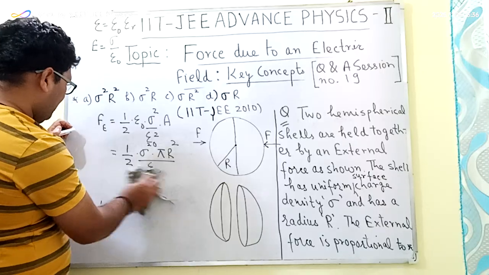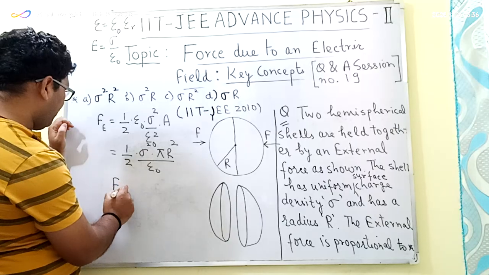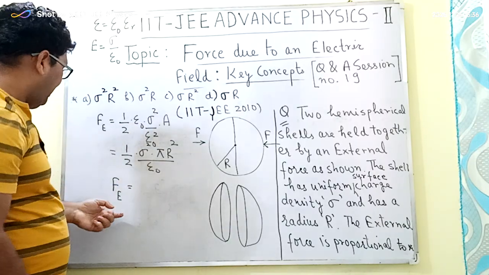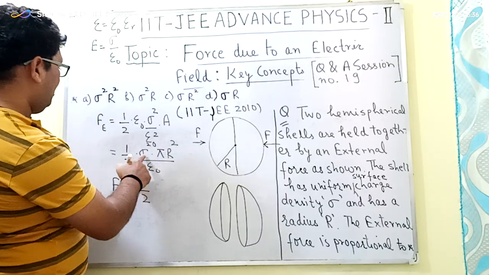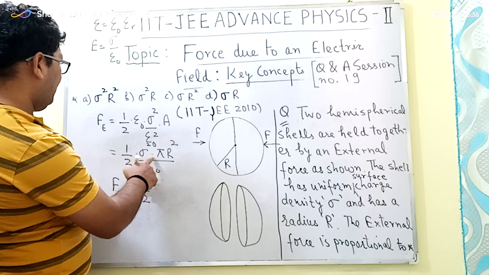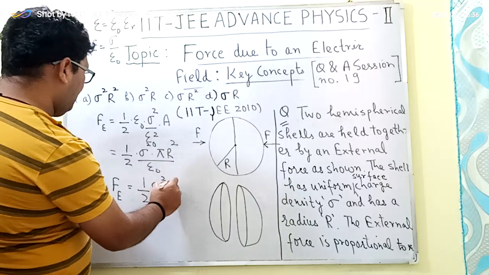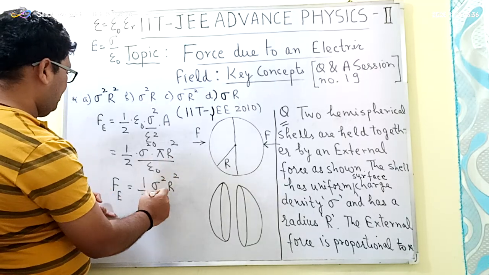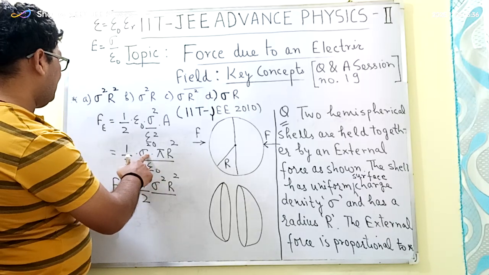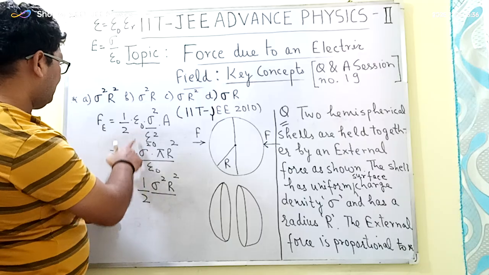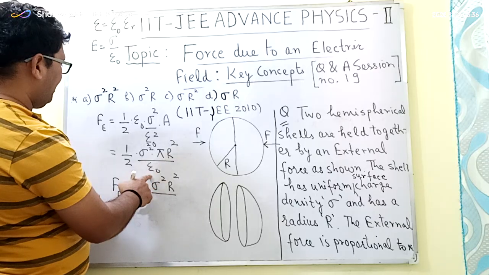So from here, the electrostatic force, which is denoted here as Fe, will be equal to 1 by 2, sigma square, pi r square divided by epsilon naught.